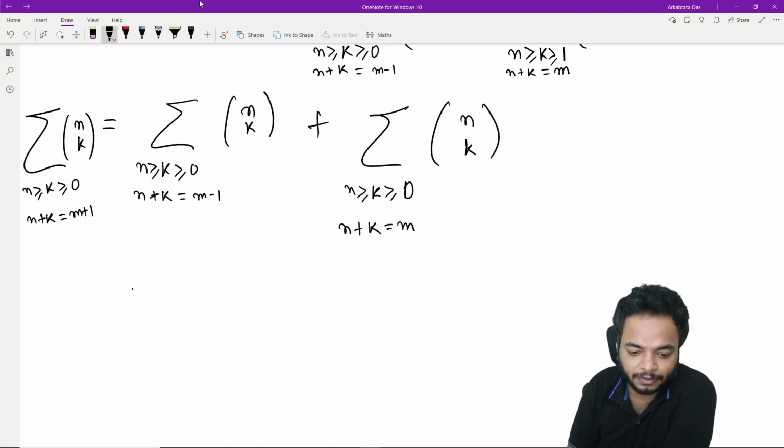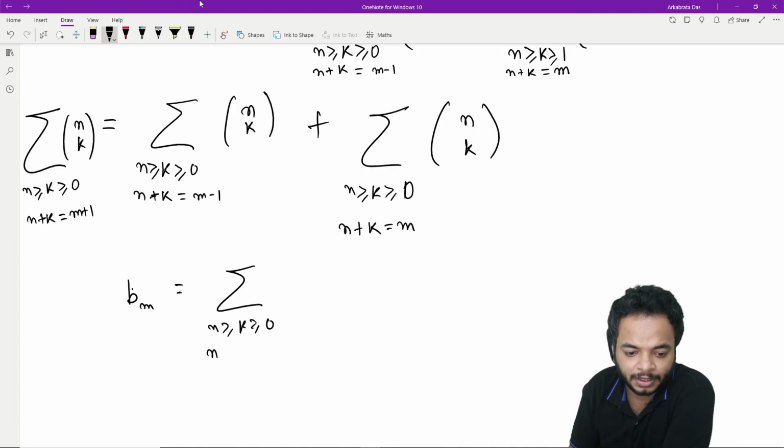Okay, and that proves that, suppose you had considered this sum in general to be b m plus 2, that is n greater than or equal to k greater than or equal to 0, n plus k equal to m plus 1, n choose k.